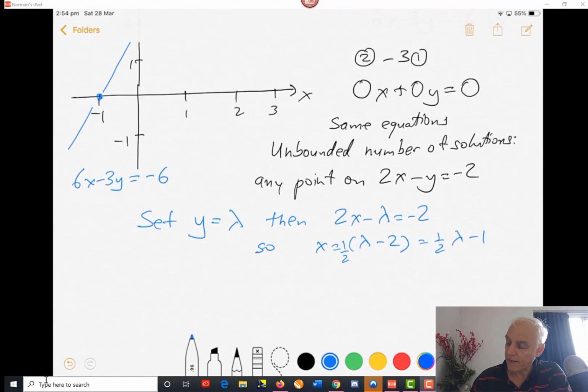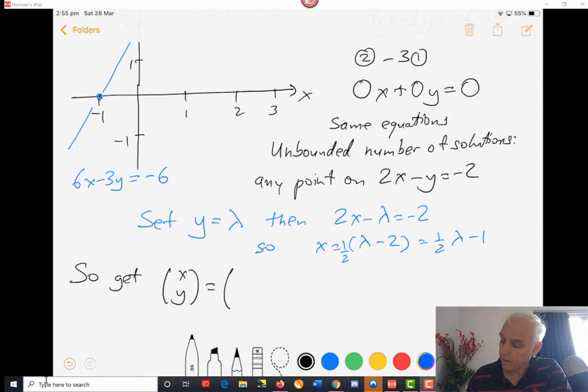So in terms of x and y, we get a solution that the vector (x, y) is (1/2 lambda minus 1, lambda). This is a parametrization of the line, and the parametrization of all the solutions.